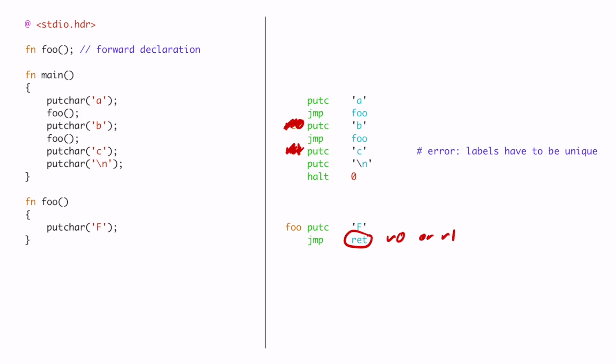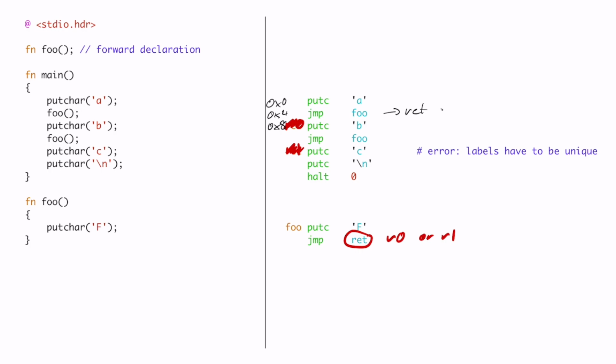Now to motivate the solution to this problem, let's consider again the addresses of these instructions and the value of the instruction pointer when each of these instructions gets executed. When the first instruction gets executed, the value of the instruction pointer is 0. When the second instruction gets executed, the value is 4, and the return address should be 8.